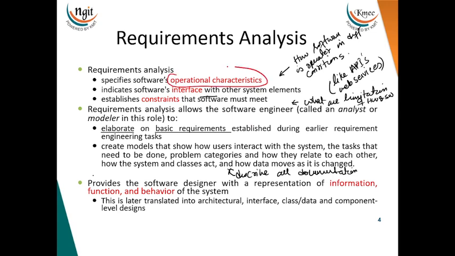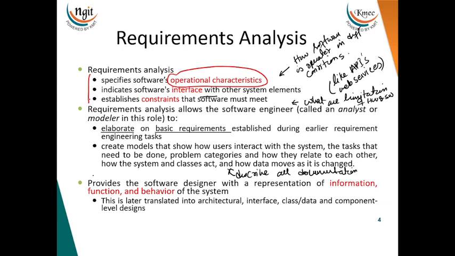What inputs you are giving, what outputs you are getting, and where and how we are going to use it. It indicates how software interacts with other system elements, like when you are interacting with web servers or with any outside API services. It establishes the constraints that the system must have, meaning the limitations of your software and the limitations of your hardware, which have to be explained properly.